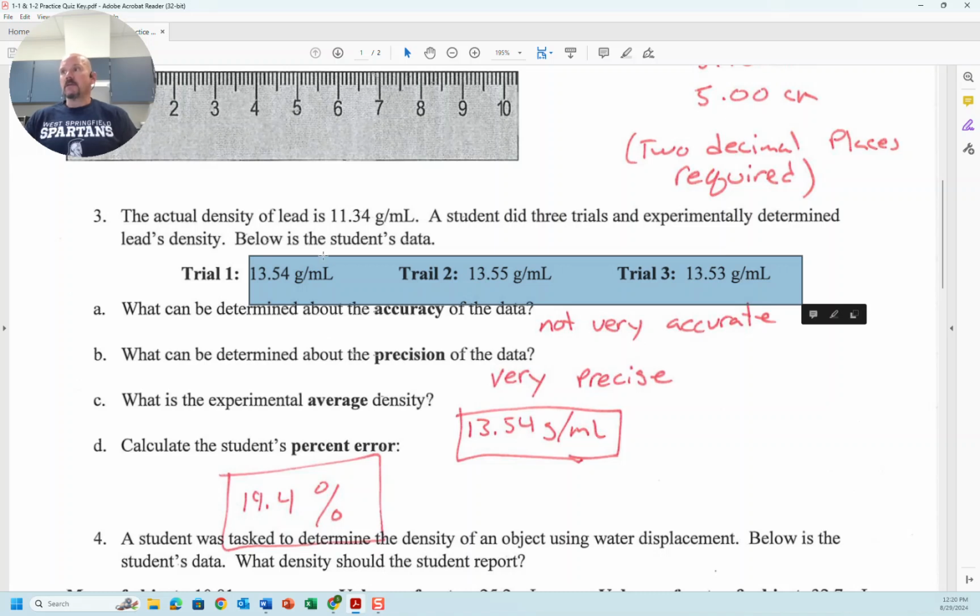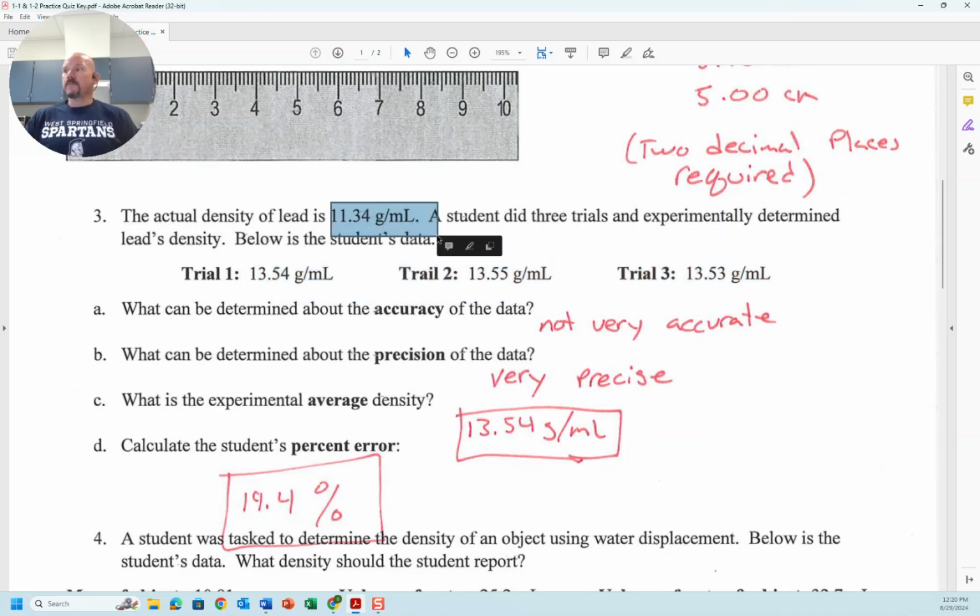We're not very accurate, okay? But in terms of precision, we are pretty precise because we almost got the same answer each time. We almost got the same result each time. That's precision, okay? So we are pretty precise, but not very accurate because we're far off from that value.